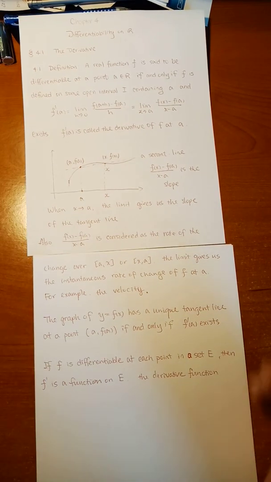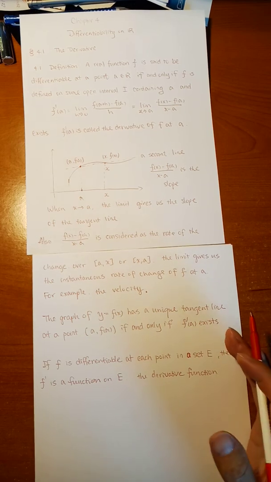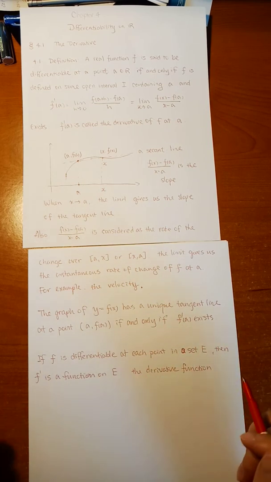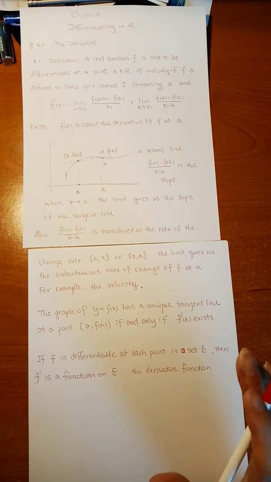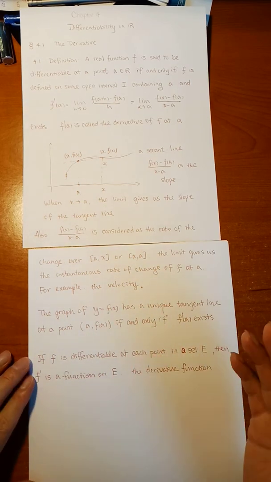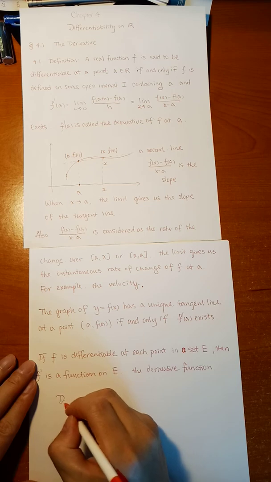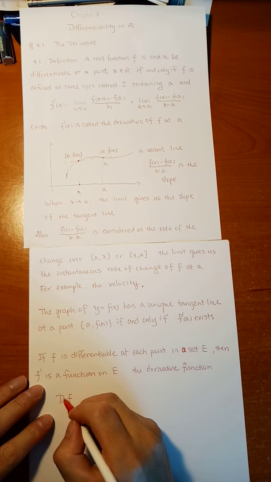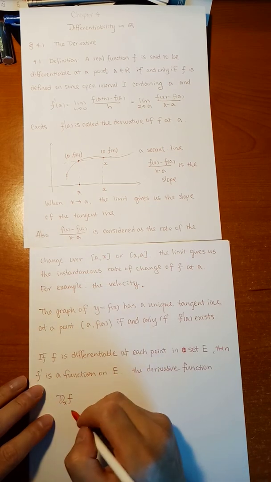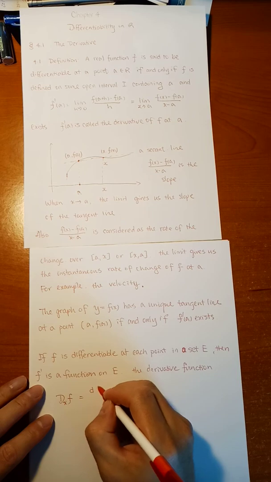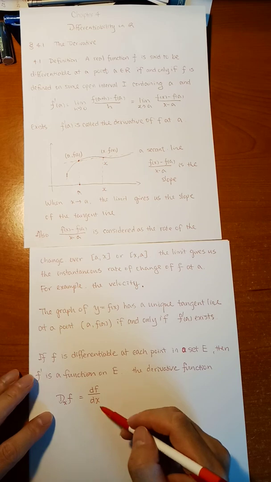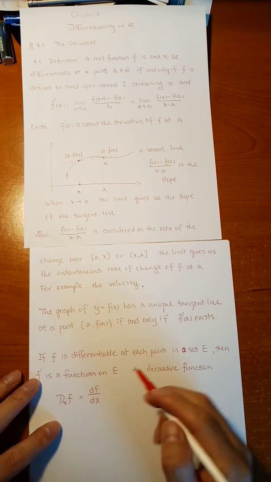For the derivative function, because this concept was developed by many mathematicians, sometimes they use one type of notation, sometimes another. Different notations have different applications or reasons, so we have several ways to write the derivative. You can say the derivative of f at x, d/dx of f. Or you may see df over dx, which is like the instantaneous rate of change, the difference of f over the difference of x.